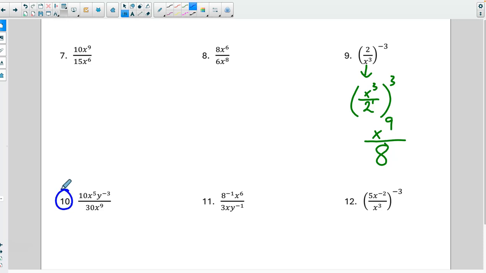I want you to try 10, 11, 12, and that's it. Those bottom 3. Give you some time to try those out.